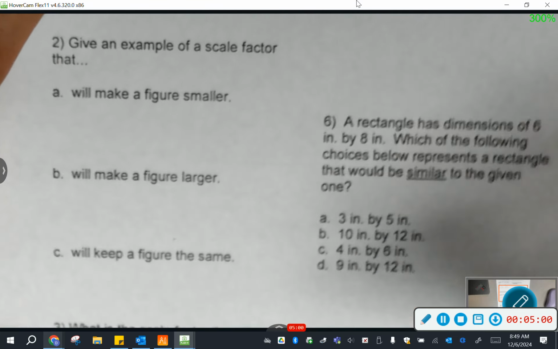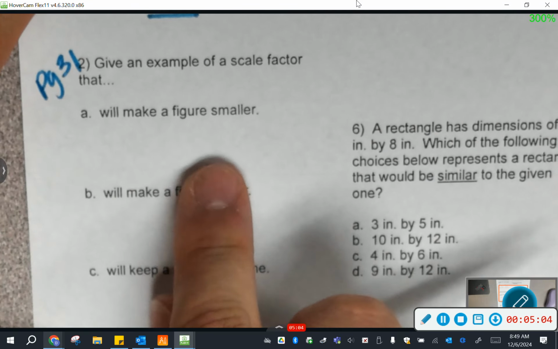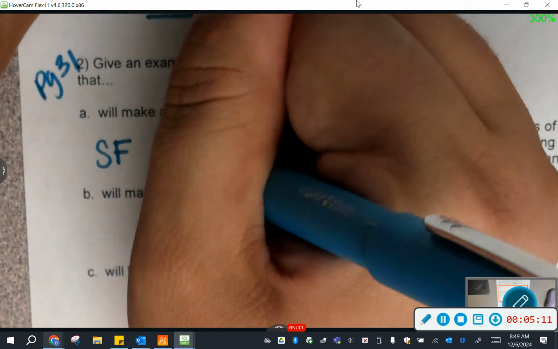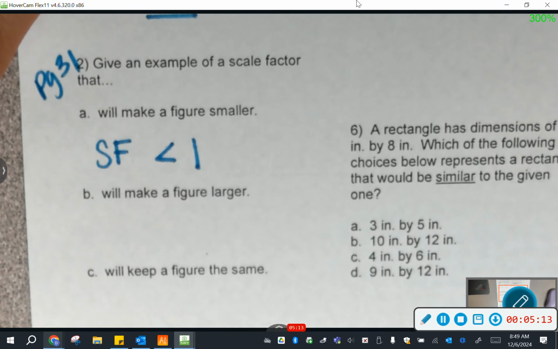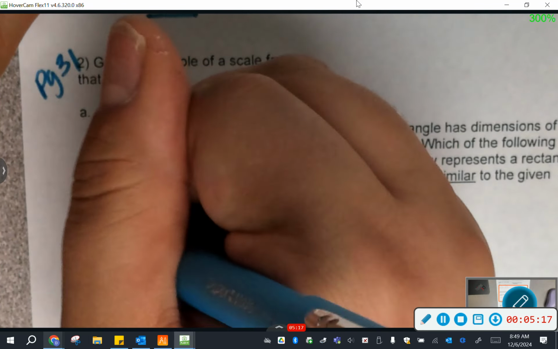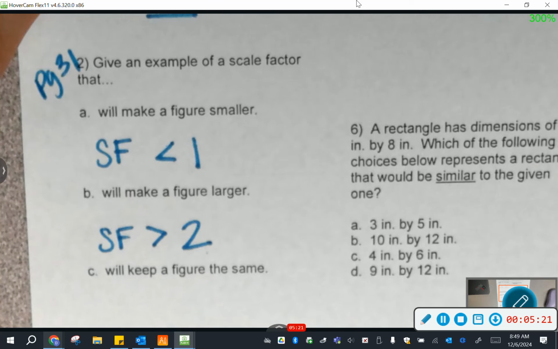Alright, this next part was in our notes on page 31. How do I make a figure smaller? If my scale factor is what? Less than 1. And I'm going to be lazy and just do the symbol. How do I make a figure bigger? If my scale factor is bigger than... Why did I just write 2?